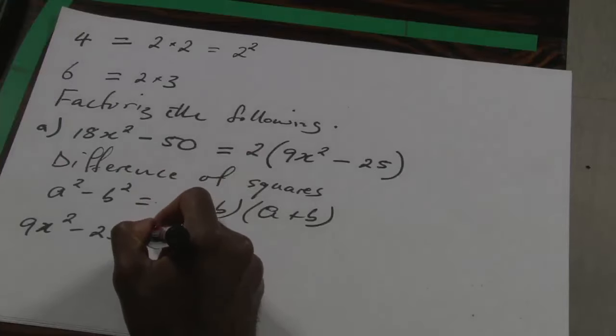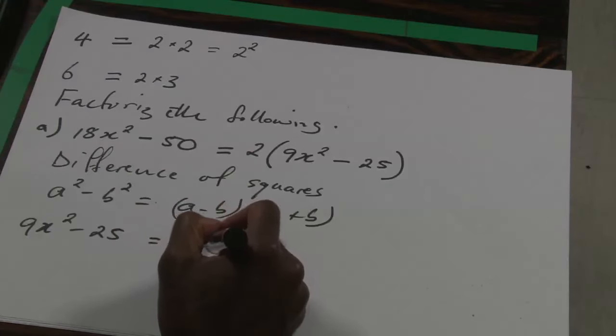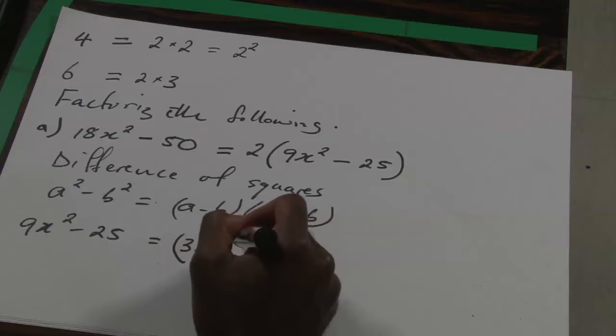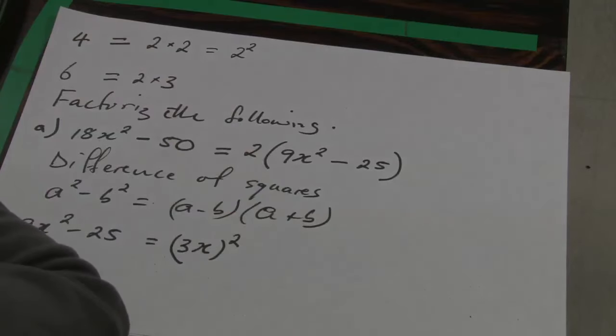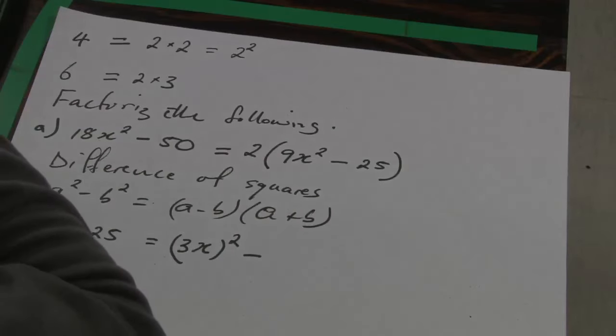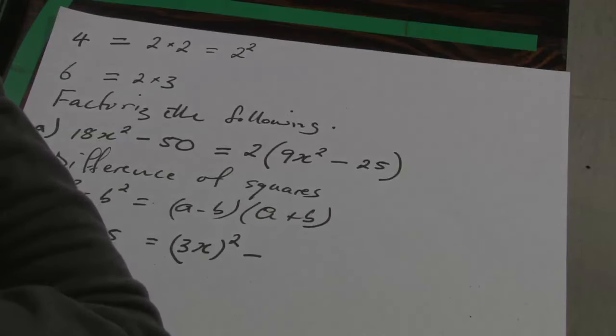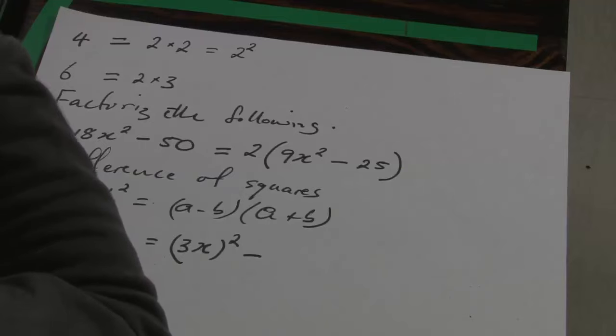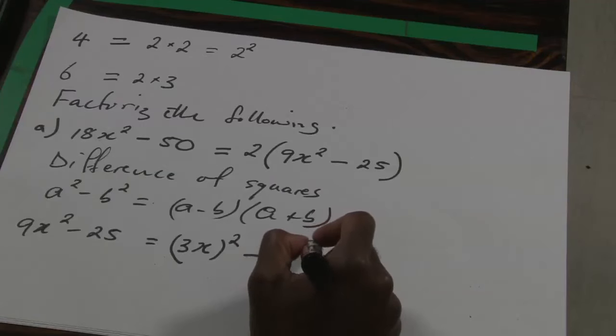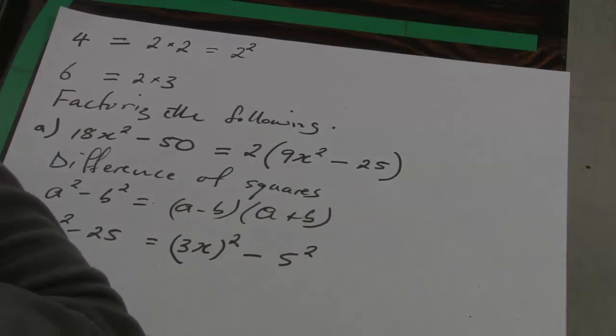X squared is a square of x, which means we can write this as 3 multiplied by x, all squared. And then for the second term, 25, we also need to recognize that that's also a square. 25 is 5 squared, and therefore we can write it as 5 squared.